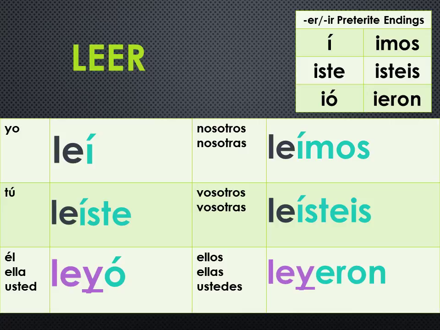So the él, ella, usted form is leyó, and the ellos, ellas, ustedes form is leyeron. You all might remember this spelling change for these verbs, for leer and creer, etc., from our present progressive lesson. So it happens the exact same way in this. Okay, so that I changes to a y in the él, ella, usted form only, and the ellos, ellas, ustedes form.